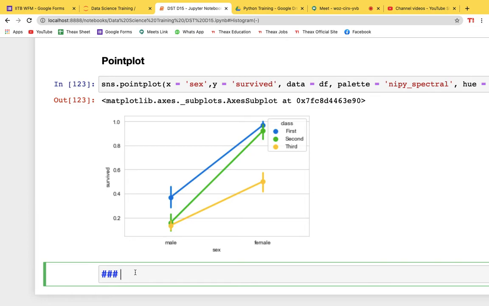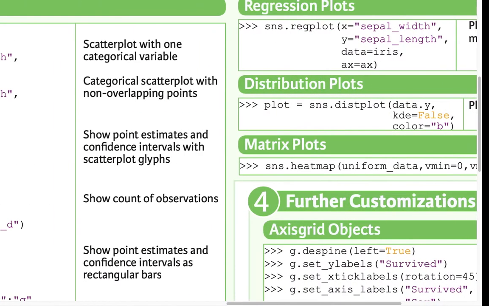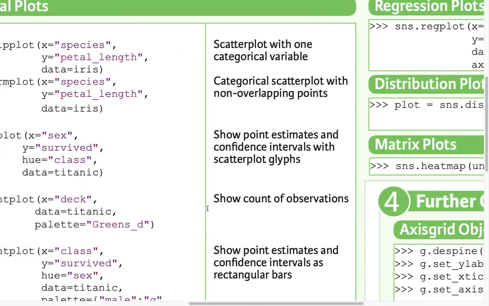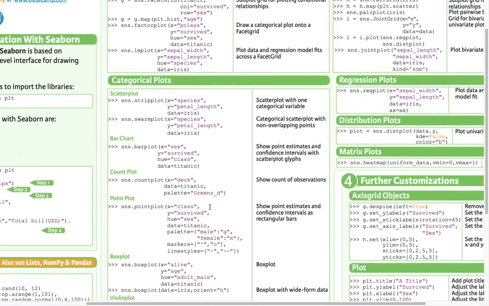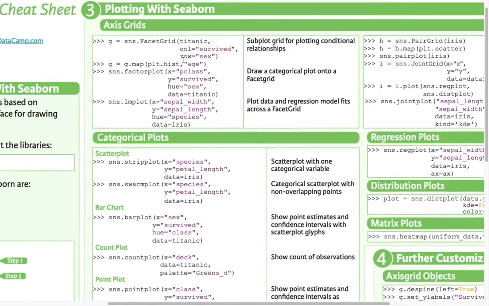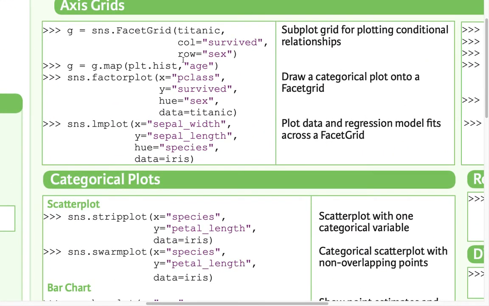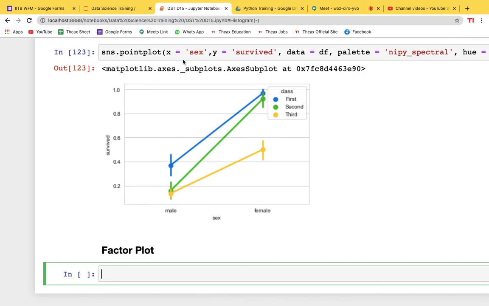Now we'll see some multi-panel categorical plotting that comes under the category of factor plot. Till now we have seen all these things, right? The categorical plotting has been done, all the plottings we have seen. Now we'll go with this factor plot, the facet grid, factor plot, LM plot, and all those.